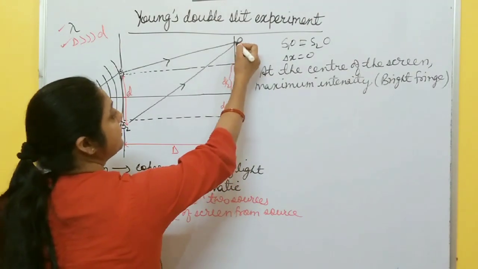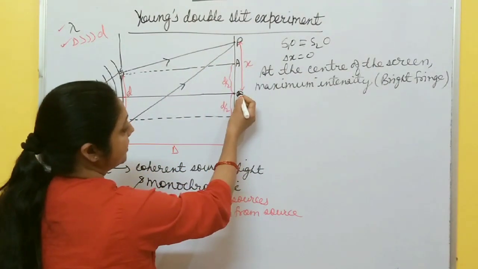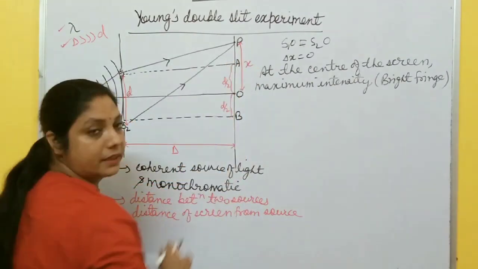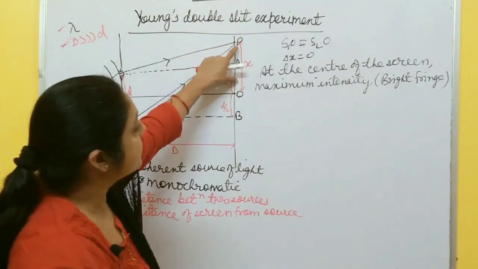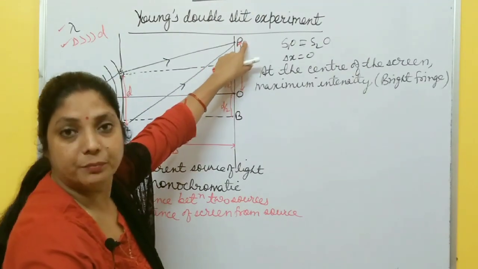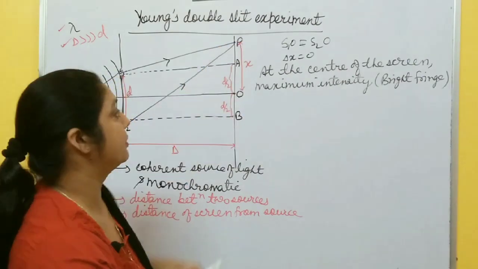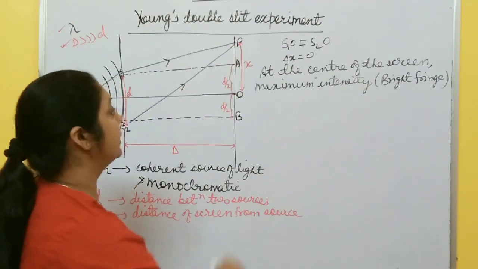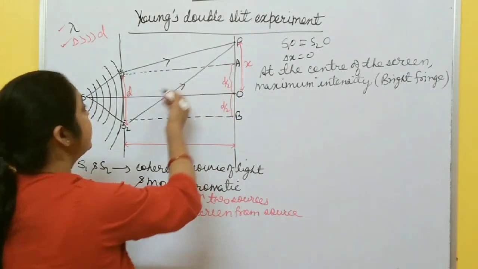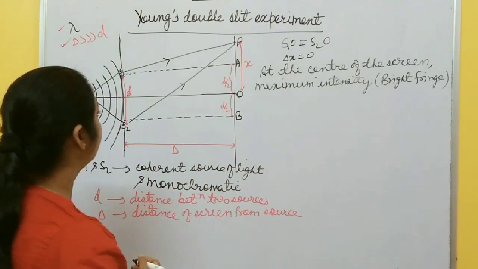Suppose the two waves superimpose at this point P, and let us take the distance from the center of the screen to this point P as x. It means at a distance x, what is formed at point P, whether a dark fringe or a bright fringe, maximum or minimum? To calculate that, at point P, what is the path difference from the two sources S1 and S2?